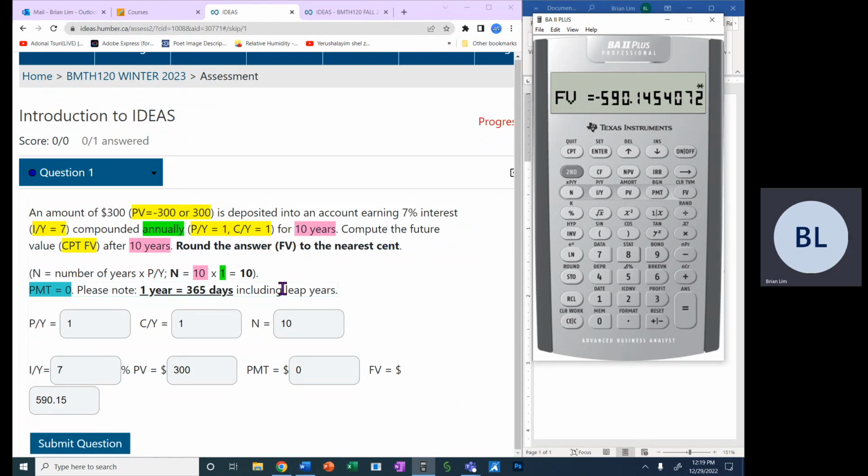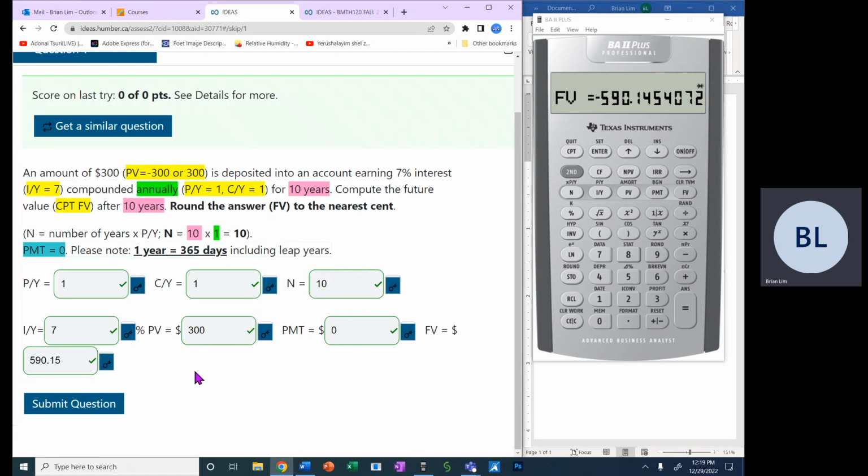Now, how do we use ideas? Well, we submit our question for marking. And when you see green check marks, it means that the question has been done correctly. And that brings us to the end. So now you know how to enter the values.